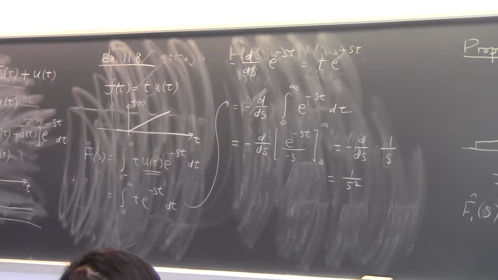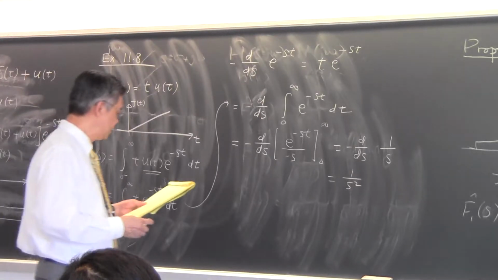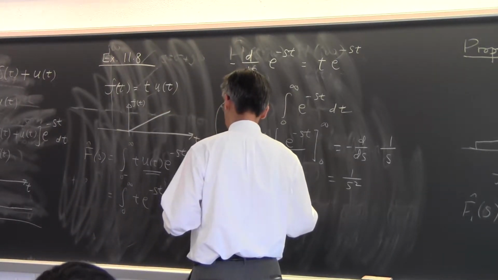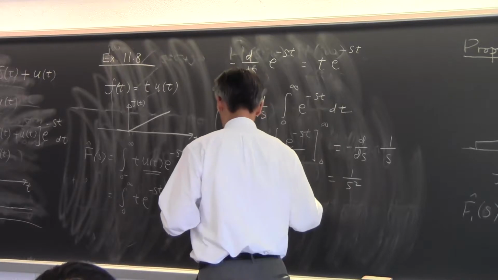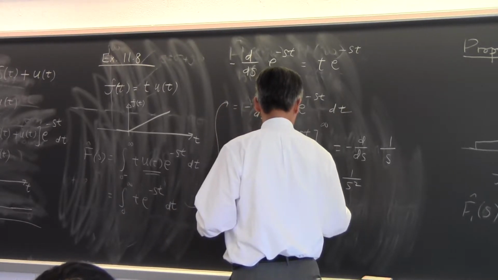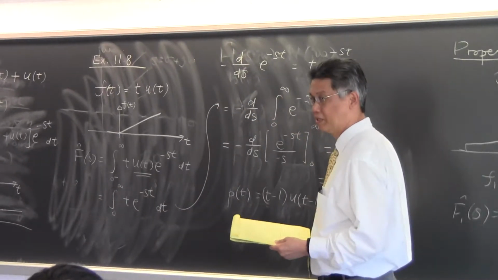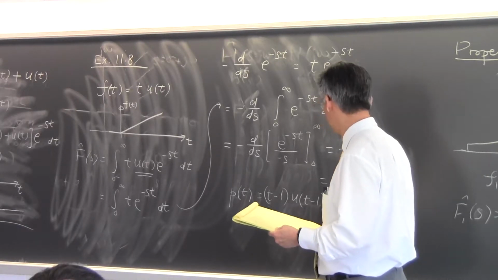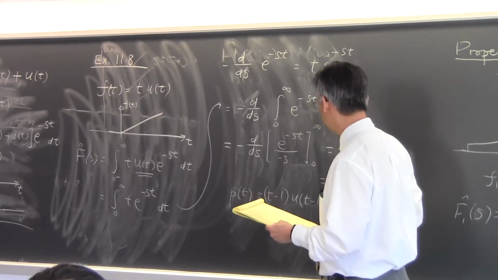Okay, so if you were to time delay this, if you define a new f of t or p of t, this is the time delay version of this one. I'm sure you know how to do this integration. Just shift it to the right. So I won't go through the detail of this derivation.